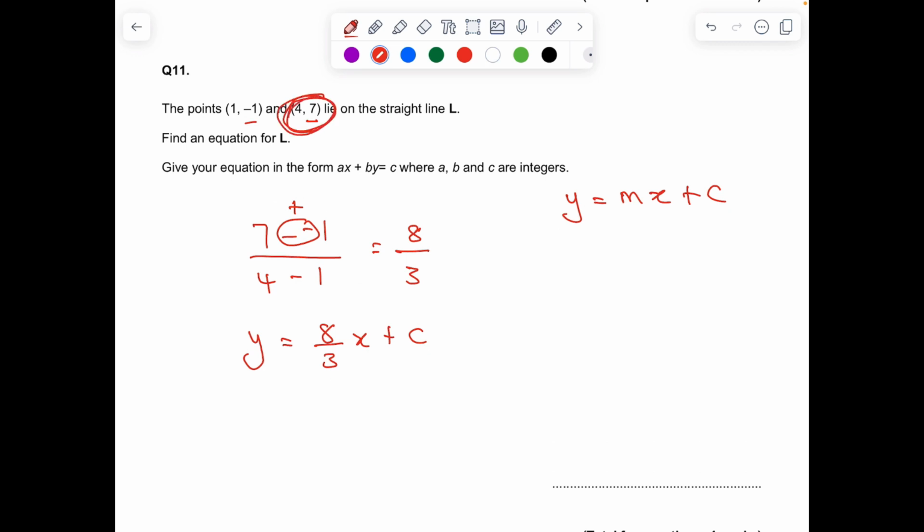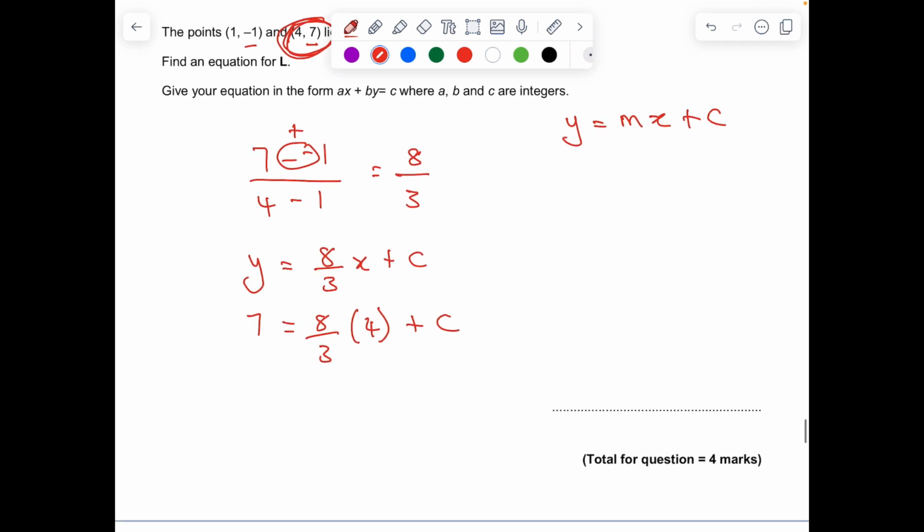It doesn't matter which point you substitute in, but I'm going to substitute in 4, 7. So instead of y, I'm going to put 7 equals 8 over 3 times x, which in this case is 4, plus c. Again, keeping everything as a fraction. So 7 equals 32 over 3 plus c.